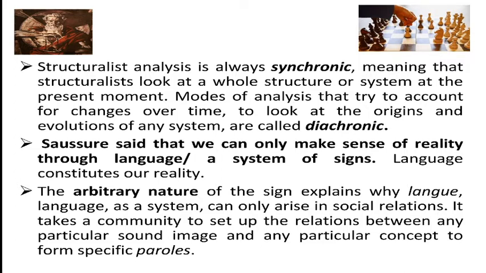So much for signification. Suppose we survive, we could communicate the threat of a lion to someone else, either by mimicking it or by using language. In either case, we have to use a sign system or a language. We can experience reality only through language. Language constitutes our reality.